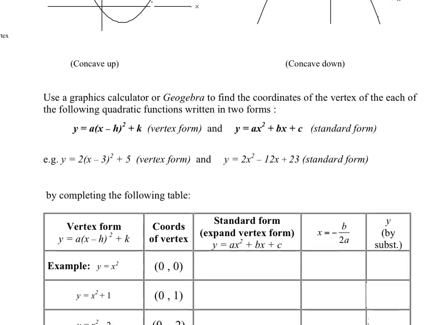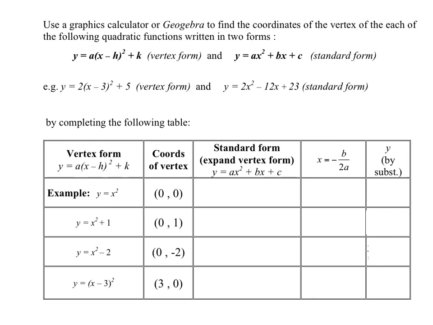Now, if you look further down, we'll see that we have some functions down here, y equals x squared, and we've got the corresponding vertex next to these. You can find these vertices, these minimums or maximums, just by graphing the function in your calculator or on GeoGebra and reading off the coordinates of the vertex.